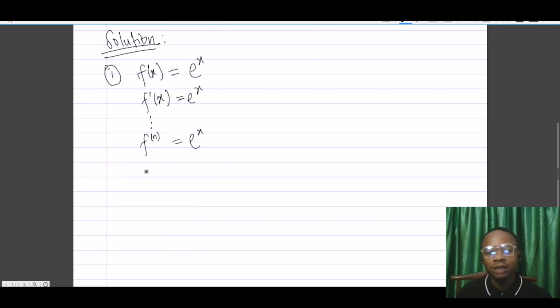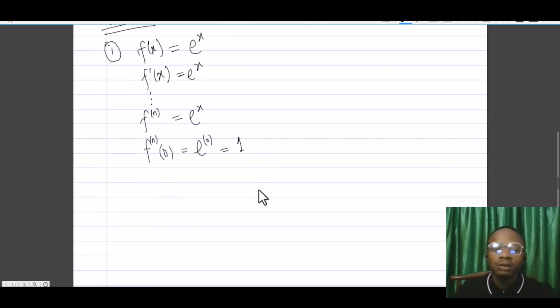Then, since we're interested in the Maclaurin series, we're interested in what this is at x equal to 0. So the nth derivative of f at x equal to 0 will be e to the power of 0, which will be 1. Okay, so the nth derivative is 1, no matter what the number n is.